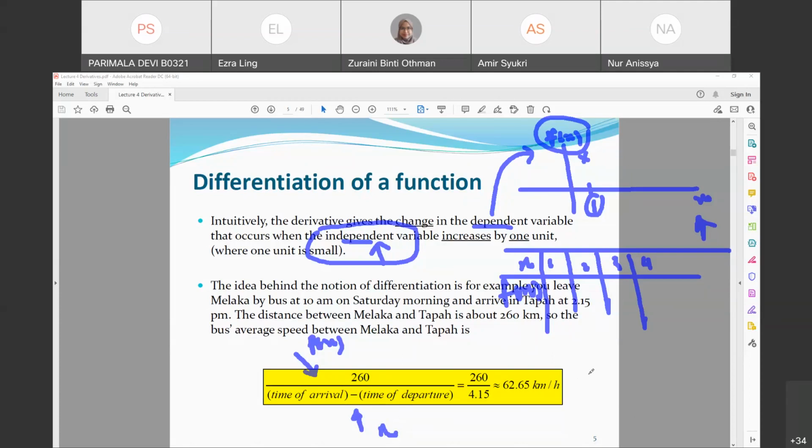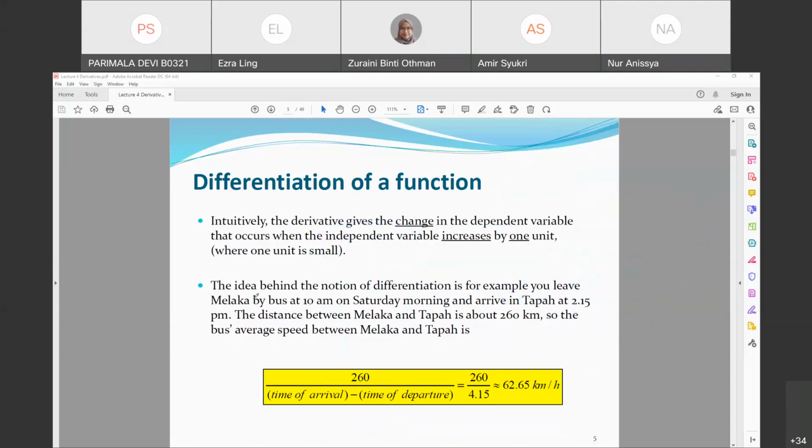Okay, then here, this is one example. The idea behind the notion of differentiation is, for example, you leave Melaka by bus at 10 a.m. on Saturday morning and arrive in Tapah at 2:15 p.m. The distance between Melaka and Tapah is about 260 km.